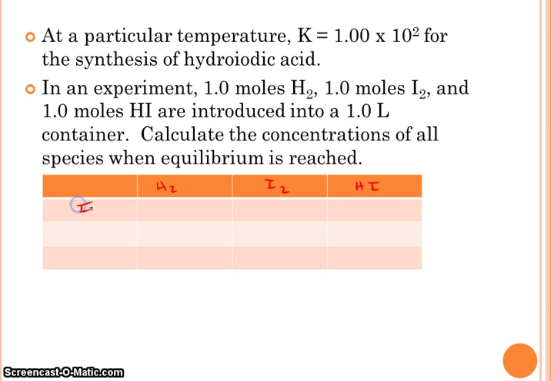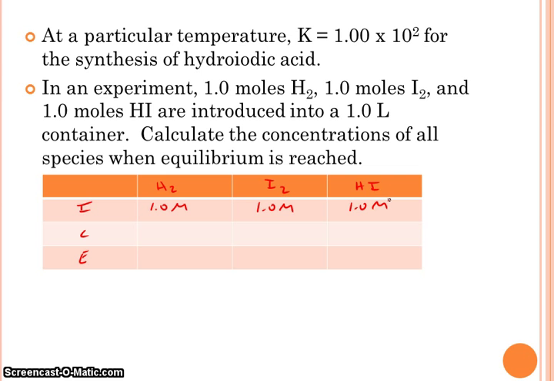We've got our initial information, the change, and our equilibrium information. So for our hydrogen, we're going to have 1.0 molar. For our iodine, we're going to have 1.0 molar. And for our hydroiodic acid, we're going to have 1.0 molar.